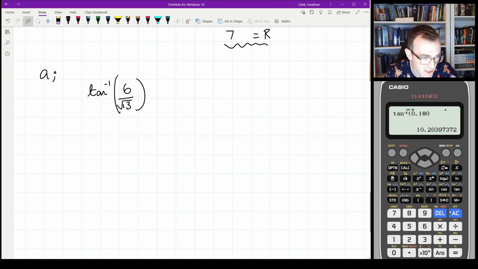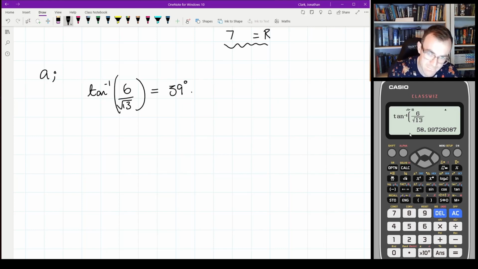That's one for the calculator. 6 over root 13. Let's call that 59 degrees. It's very close to that. So we've got r is 7 and a is 59 degrees.